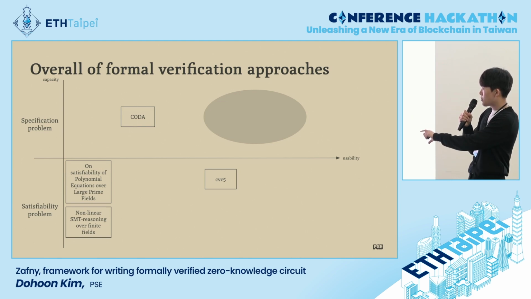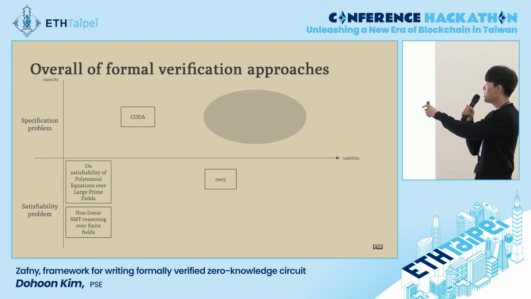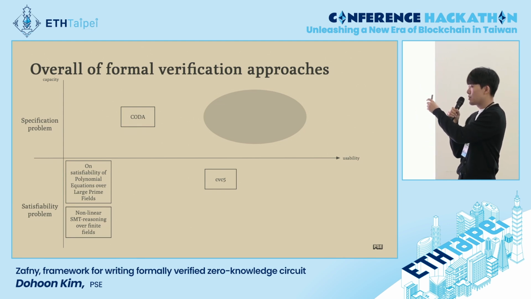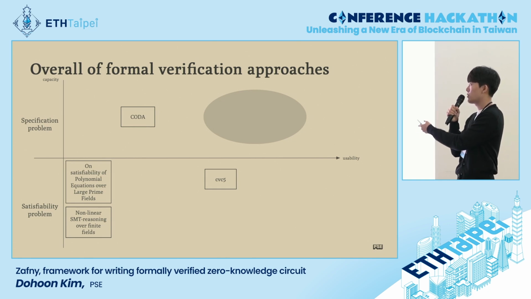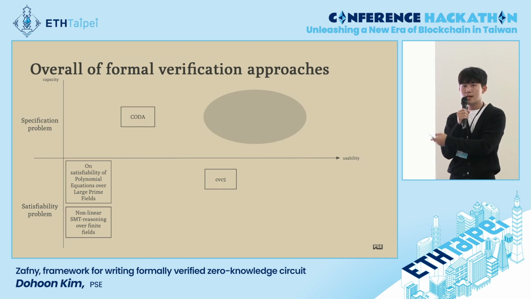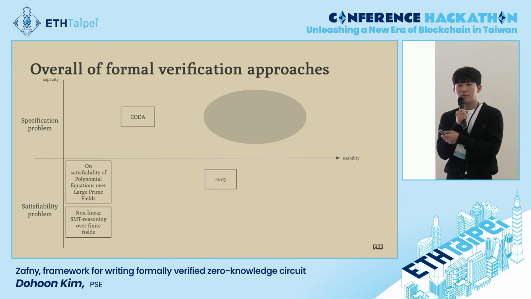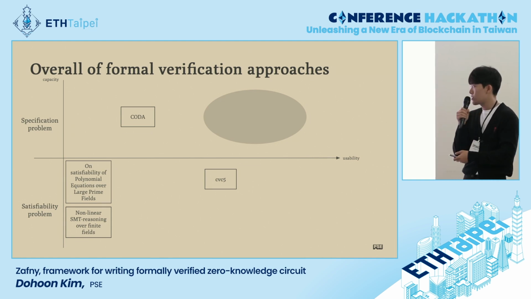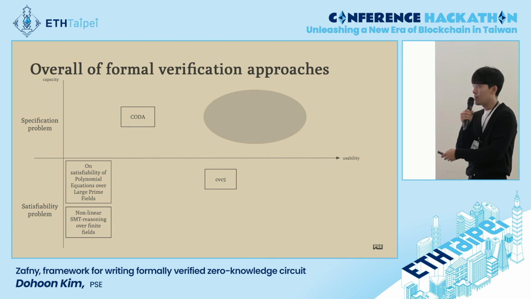In the satisfiability problem, there are several approaches now, but in the specification problem, as far as I know, there's only the CODA DSL that tries to solve this problem. And CODA is not very easy to use for developers who are not familiar with this kind of proof assistant. So I thought there is a gray zone here that tries to solve the specification problem and is very usable for common developers.